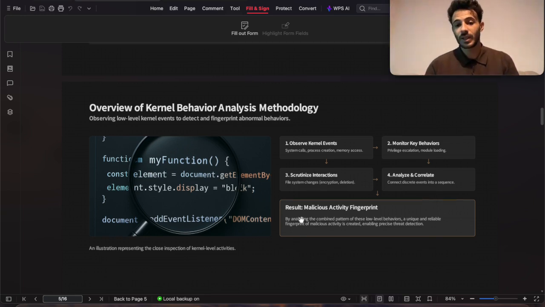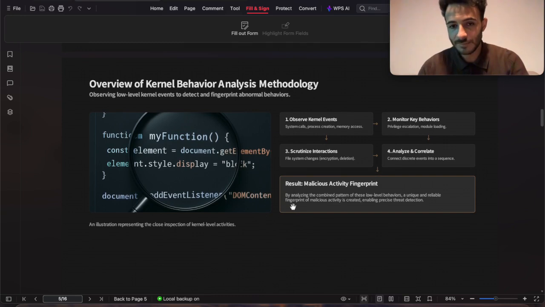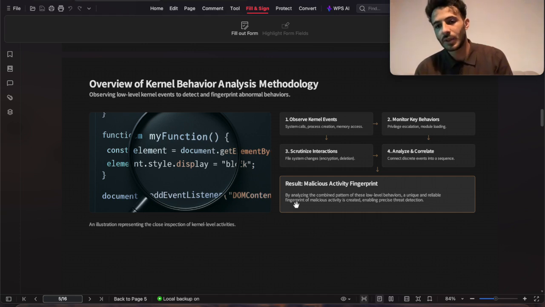The result is finally a mechanism of activity fingerprint. By analyzing the pattern of these low-level behaviors, we can probably get a fingerprint of malicious activity.